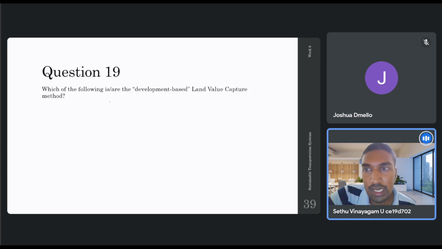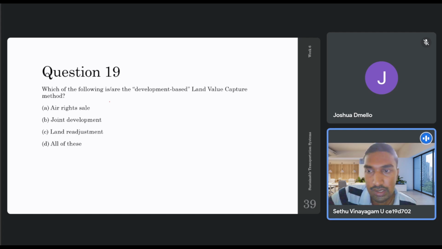Okay, so question number 19 is, which of the following is or are the development based land value capture methods? The options are air right sale, joint development, land readjustment, and all of these.